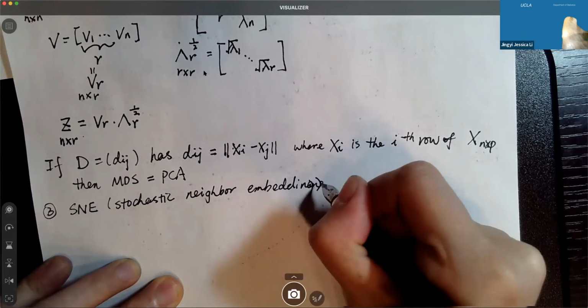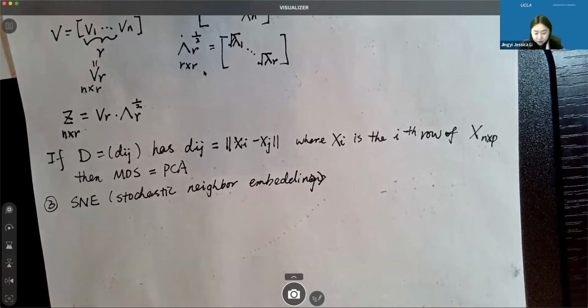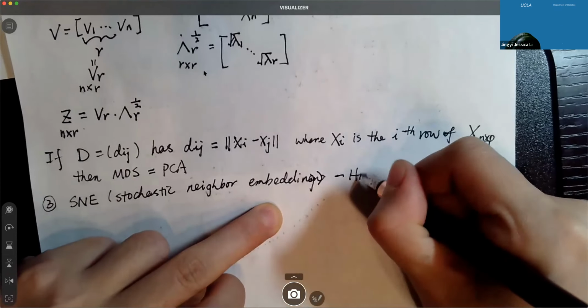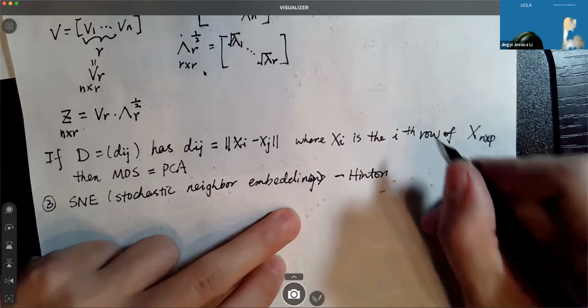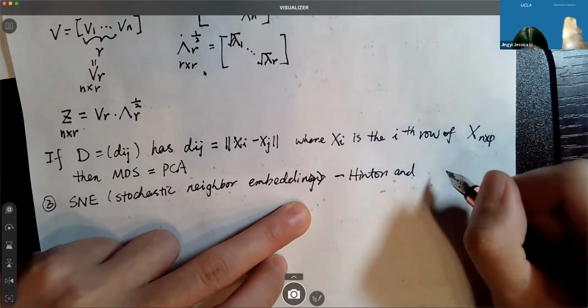And it was proposed by the famous Hinton, who got famous because of his contribution to neural networks, and I believe it must be his student.